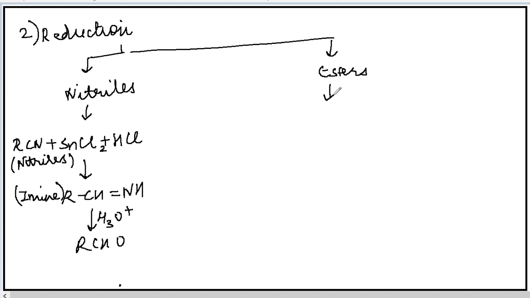Next is ester. Look at the reaction. This is an ester. Ester will be reduced in presence of diisobutyl aluminium hydride.